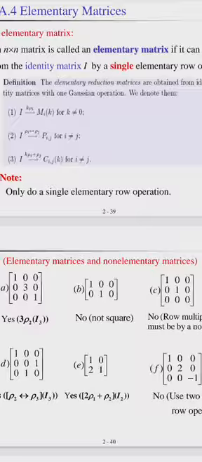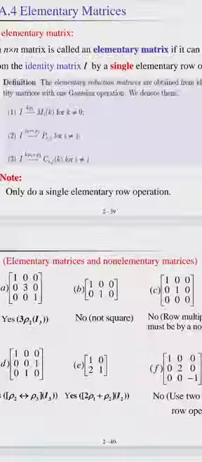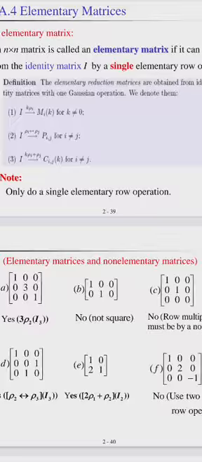Second condition is identity matrix I_n, row i and row j interchanged, denoted Pi,j, for i not equal to j. Third condition is identity matrix I_n, k times row i plus row j, denoted Ci,j of k, for i not equal to j. These are the elementary reduction matrices.